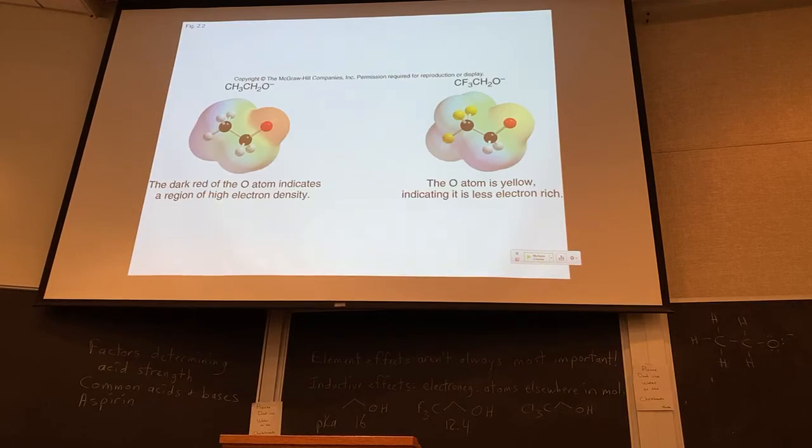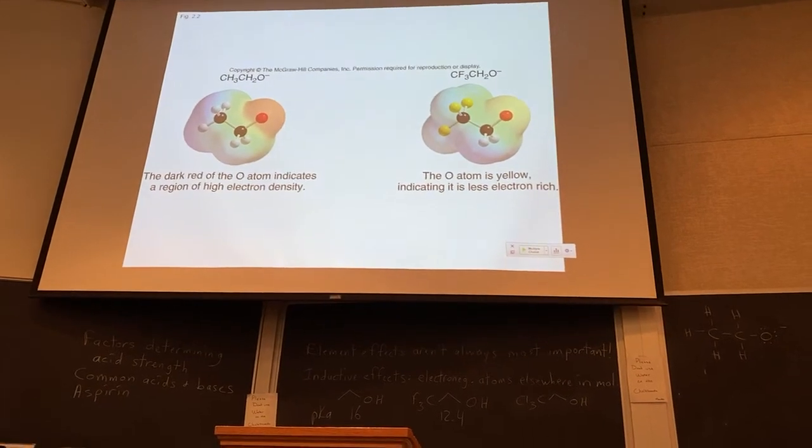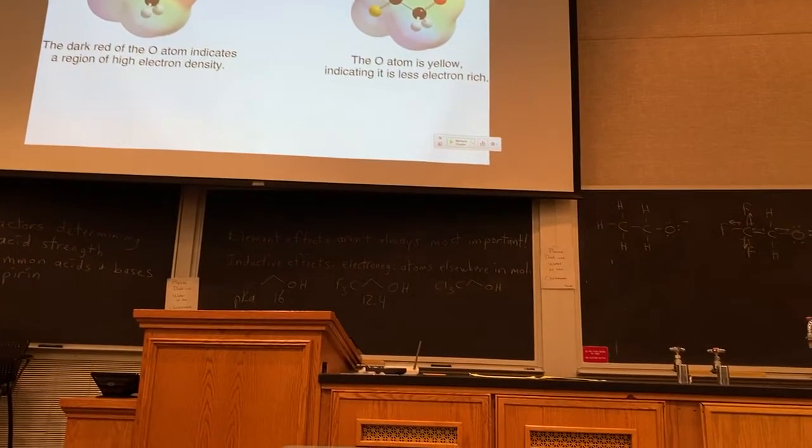Weaker acid. Why? Yes, and why is its conjugate base less stable? That's right. So this is a less electronegative atom. Those chlorines are not going to be able to pull on those electrons as strongly as the fluorine will.